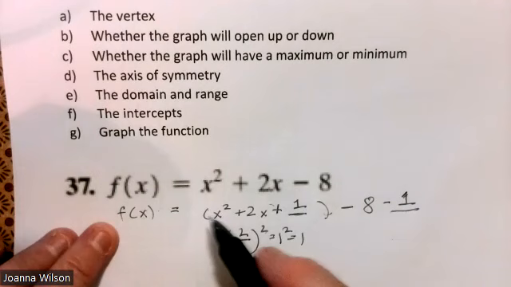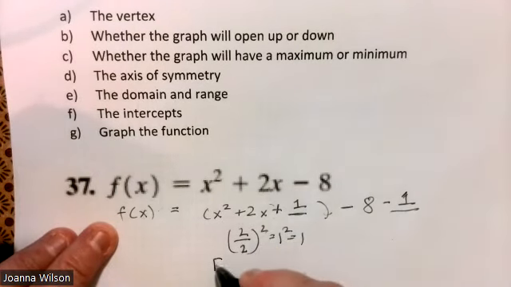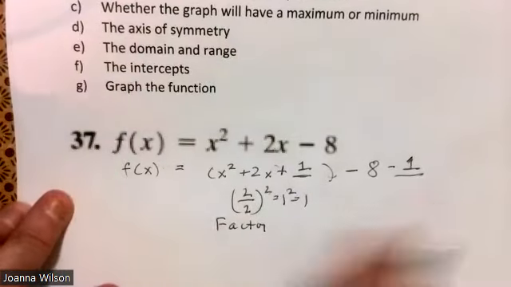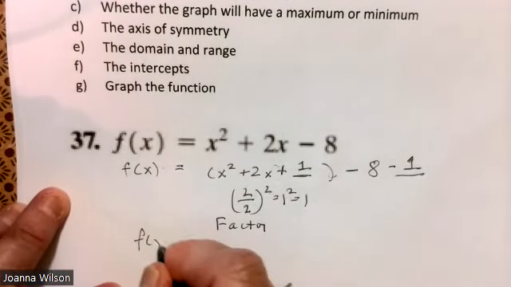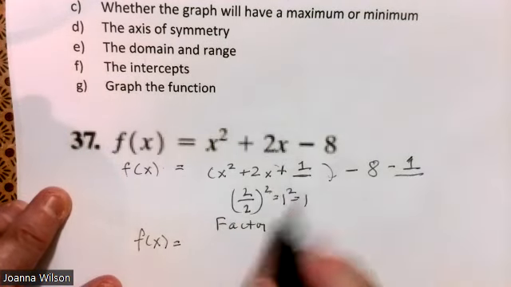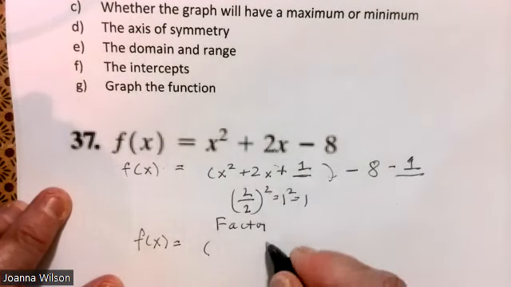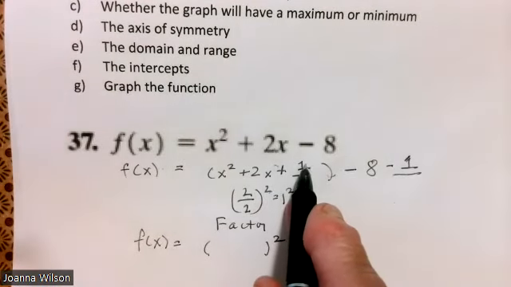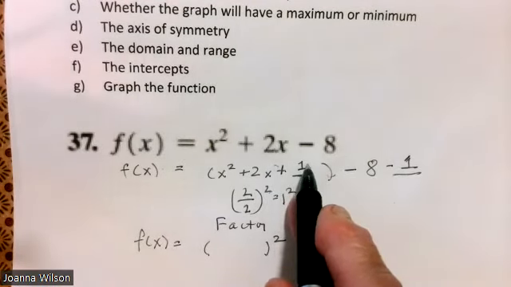And then the next thing we do is to factor. So we have f of x equals, and then this is going to be a perfect square. I know that because I figured out what numbers should go there to make it into a perfect square.